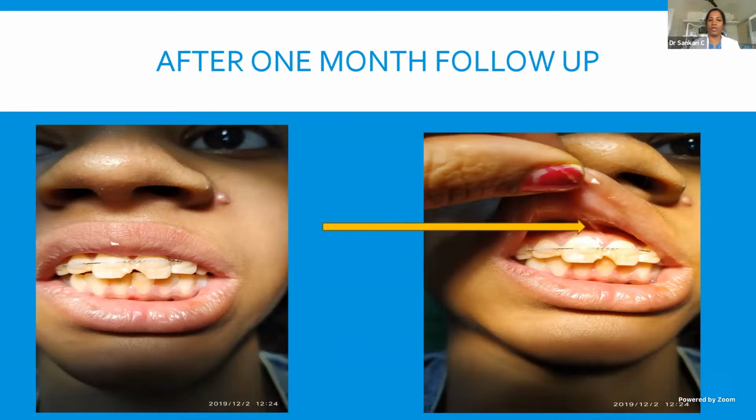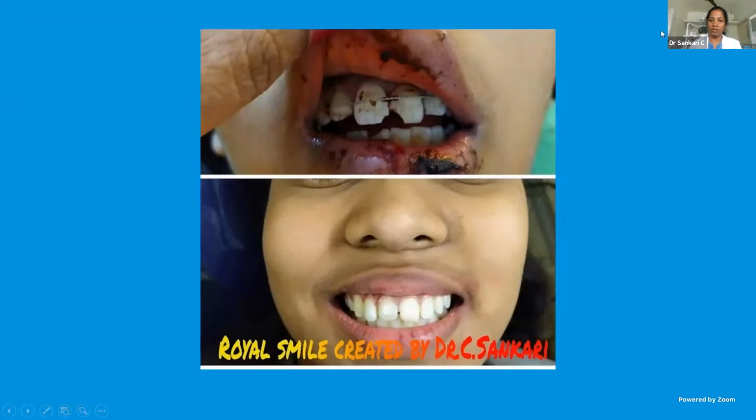This is after 1 month follow-up. You can clearly see healing was completely nice, and the periapical region is very clear, no lesions present here. On the tooth, you can check for mobility: not even slight mobility, no grade 1 mobility, nothing. The tooth was very firm at the 1 month follow-up x-ray itself. You can notice this is before 1 month and this is after 1 month, and I removed the splinting after 1 month.